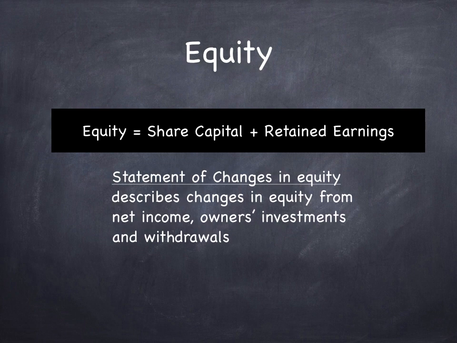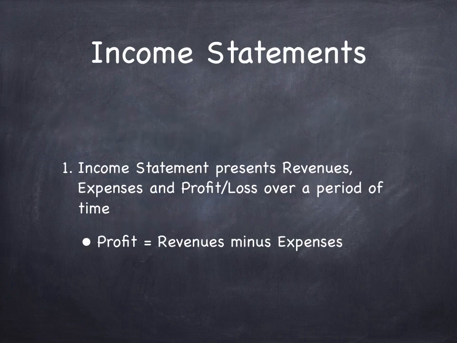In the balance sheet of most companies, the retained earnings is a very big part of the equity. In some countries, the financial statement list includes what is known as the statement of changes in equity, and it describes the changes in equity from the beginning of the year to the end of the year.